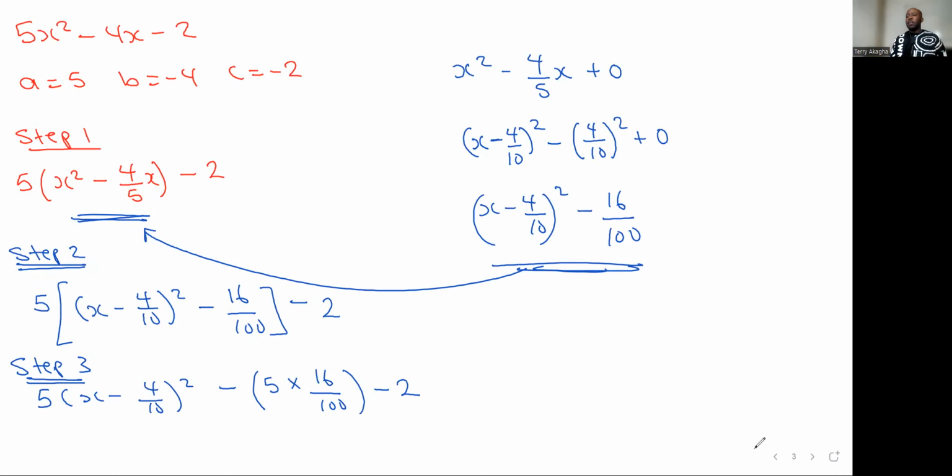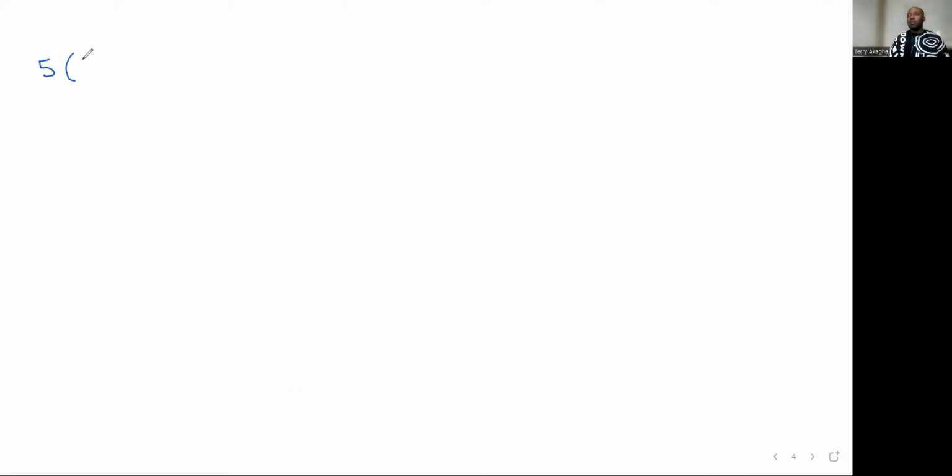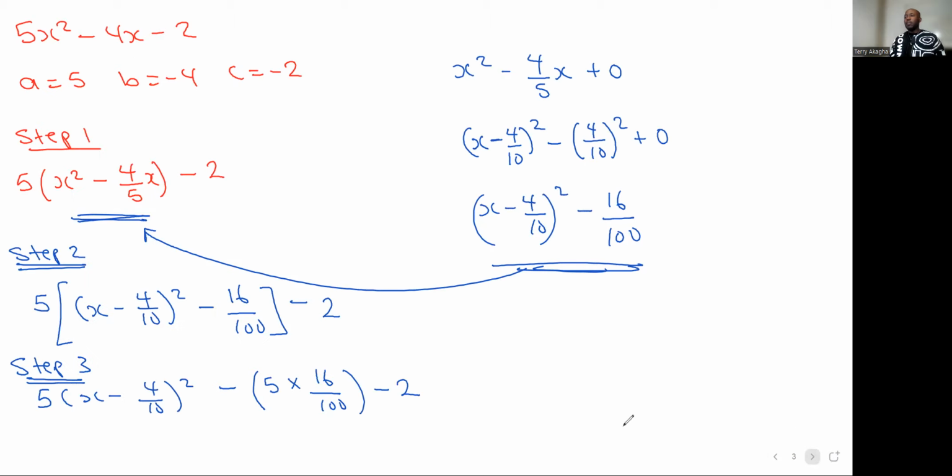So it's going to give us 5 into bracket x minus 4 over 10 squared, minus 5 into 16 over 100. 100 can be divided by 5 to give you 20. So the 5 here, 1, and 100 becomes 20.